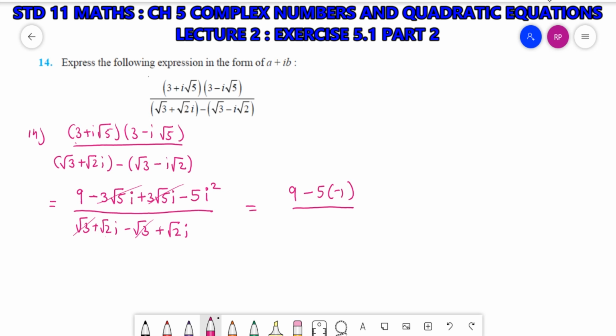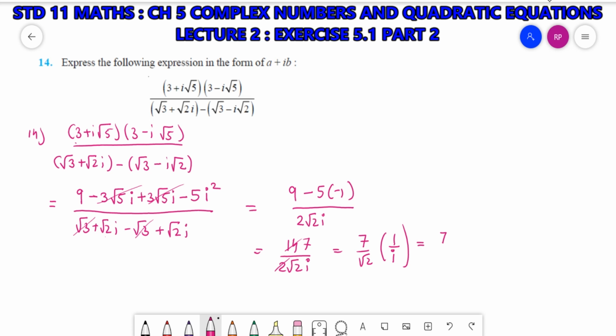So root 2i plus root 2i, that is 2 root 2i. So this is 9 minus minus 5, so 9 plus 5, 14 upon 2 root 2i. So 2 sevens are 14. So this is 7 by root 2 into 1 by i. Now we know that 1 by i is minus i.